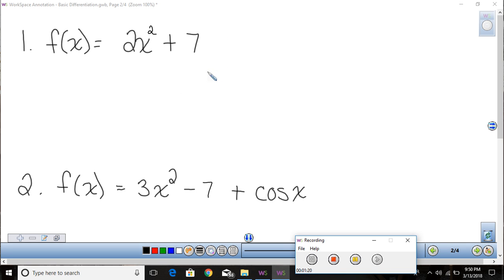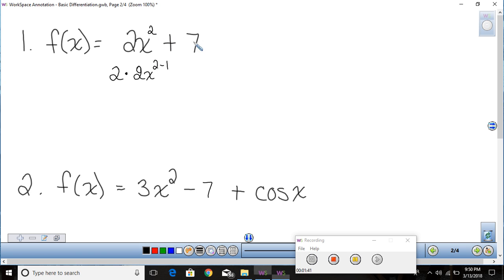So number 1, I've got 2x squared plus 7. Remember, when you have something being raised to a number, you're going to take that number and pull it down to the front. So this 2 stays here, but then I'm going to multiply it by the derivative of this. So I'll take the 2, pull it down front, and then I'm going to decrease that power by 1.